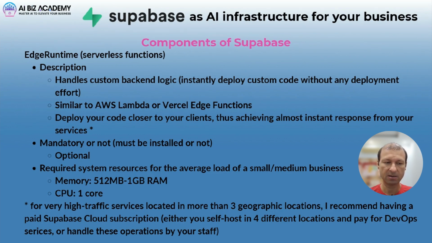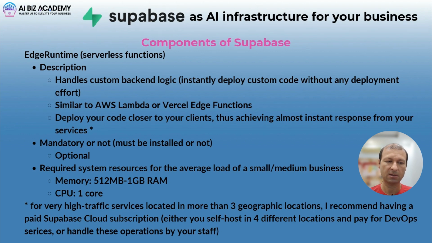I say on a single node because usually Edge runtime should be deployed to multiple nodes that are closer to your clients. Because, for example, if you have a large user base, many clients that are, for example, in Europe and in US, then ideally you would need to have at least one server node in US and one in Europe.